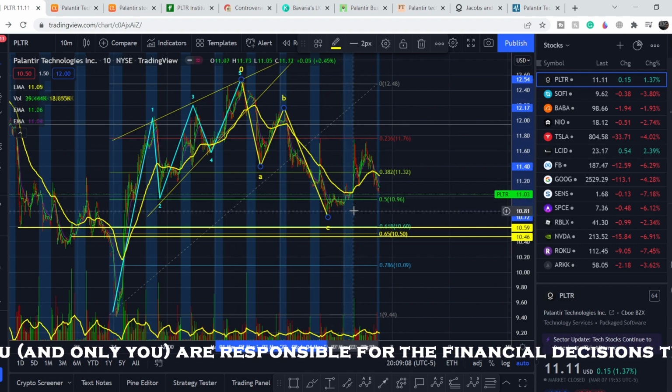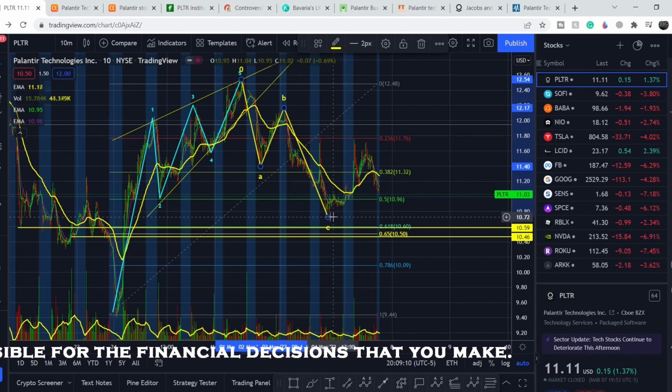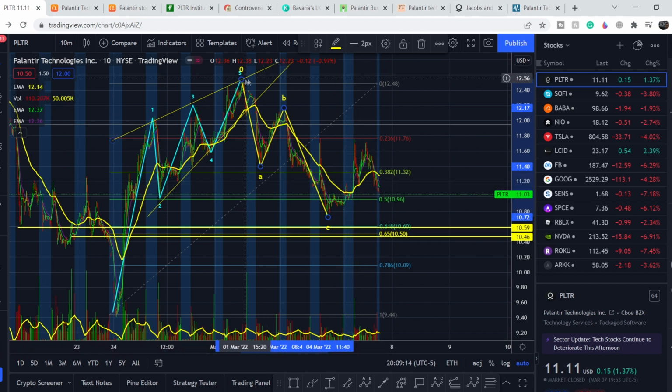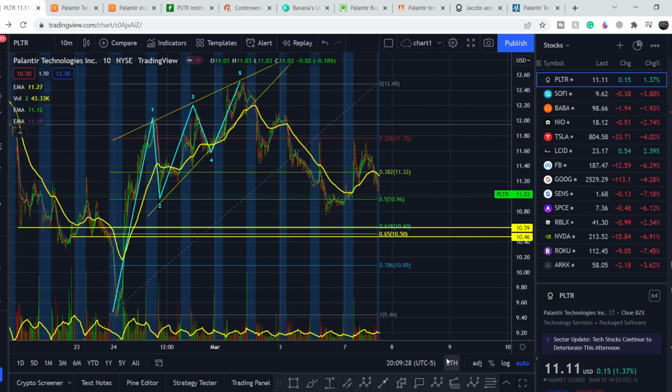And this is the most bullish case. This means if we won't break the bottom of the C wave, the next leg will be to the upside, and if we break the top of our fifth wave right here at the price point of $12.53, definitely it will confirm this breakdown.